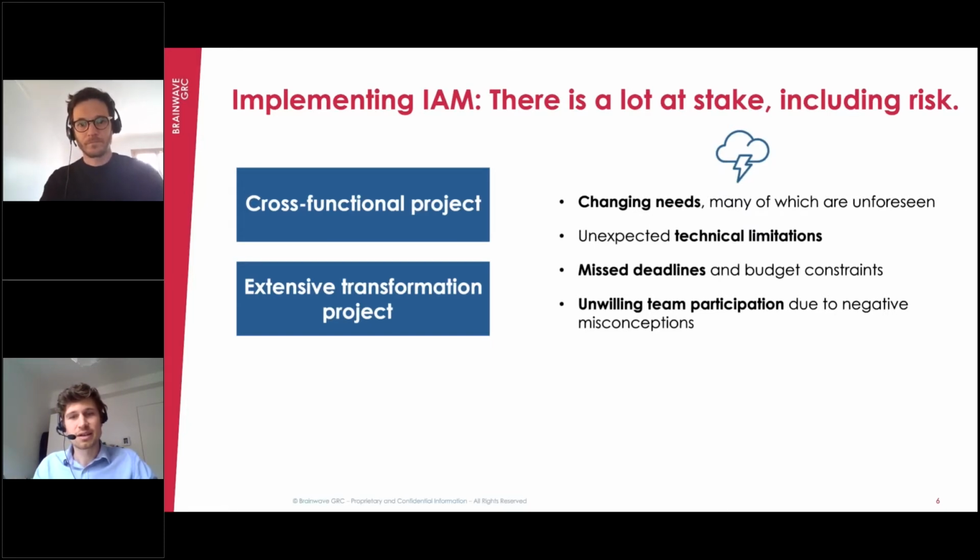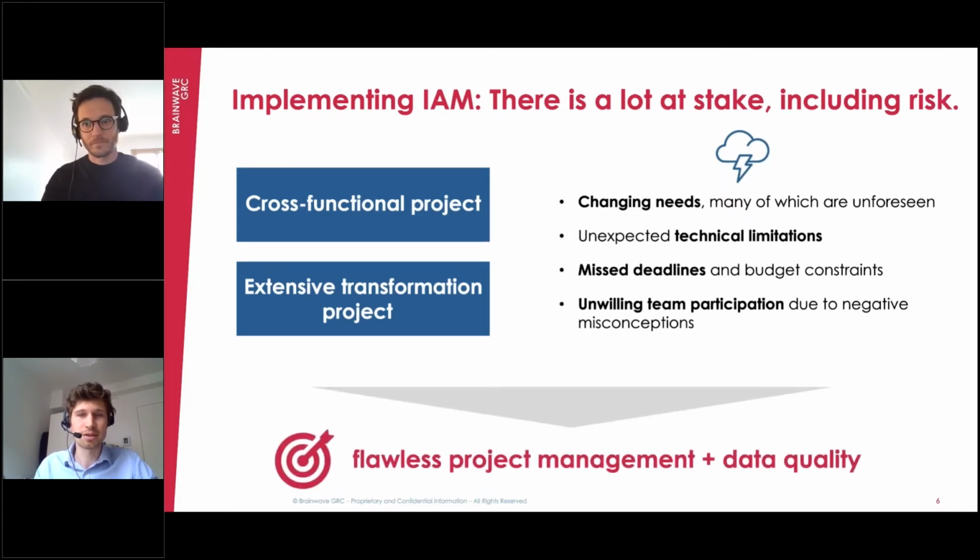The goal at the end is to have people using the tool, using the tool by the business. It's a big challenge, and the key to success for that is flawless project management.